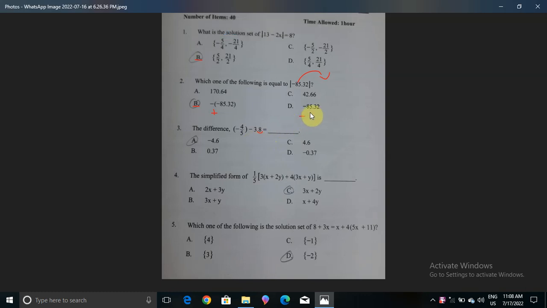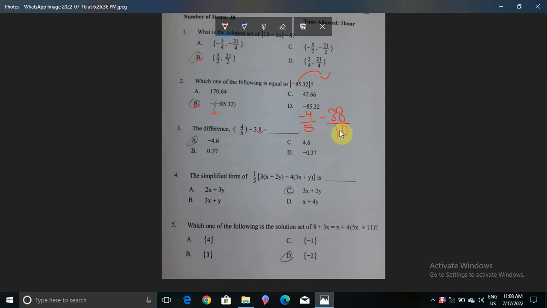So that means negative 4 over 5 minus 3.8, I mean it will be 38 over 10.